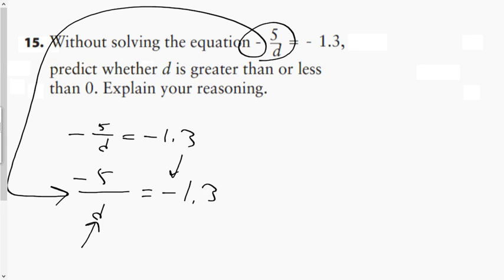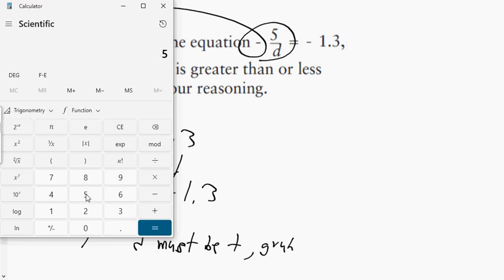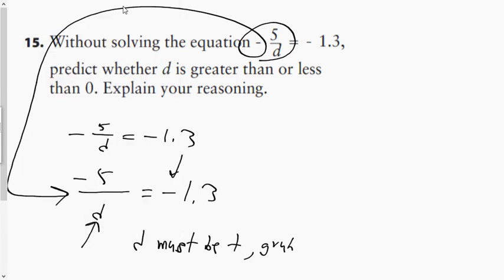So therefore, D must be positive. Because if it was 0, let's just see what the calculator tells us if we try to do negative 5 divided by 0. If it was exactly 0, it informs us that dividing something into 0 groups does not work. Because you can't concretely take something and divide it into nothing. It defies the law of physics. So therefore, D has to be positive.